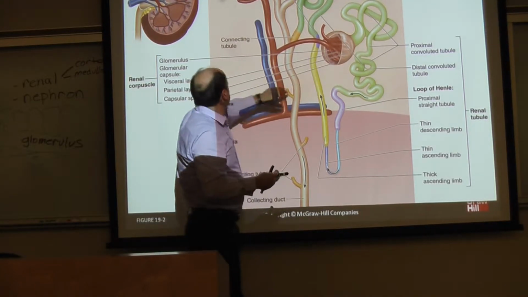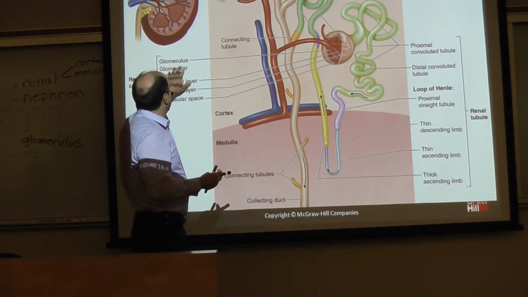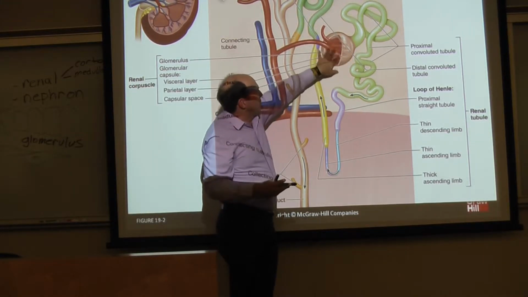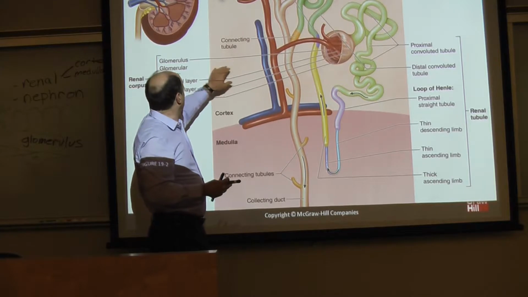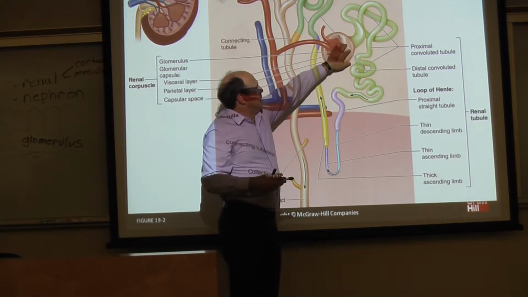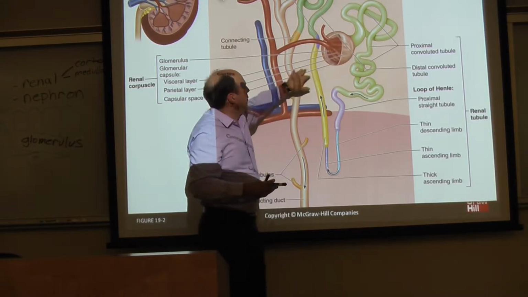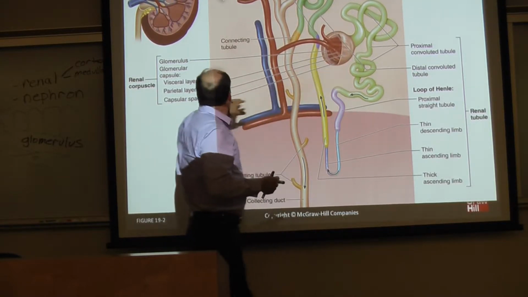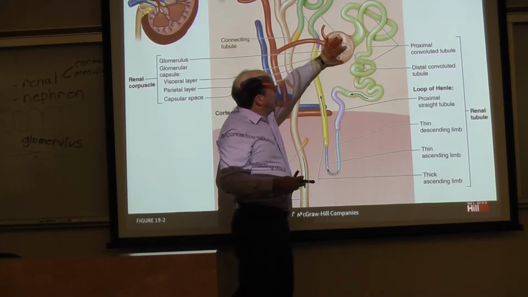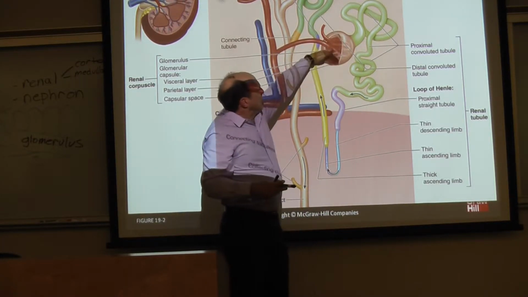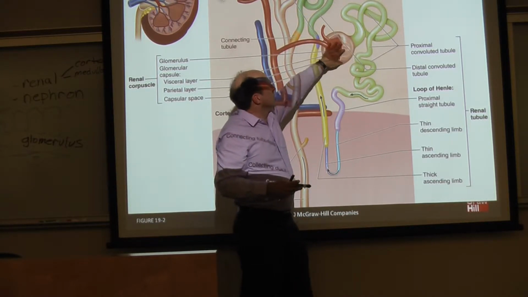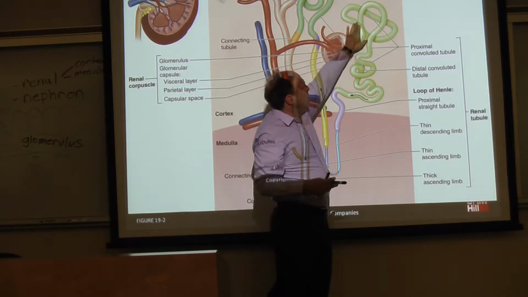The glomerulus overall is the word used for this entire structure, but it's also the individual folding of these vessels, and this capsular space here is an area where anything that's filtering out from the microvasculature can be taken away.